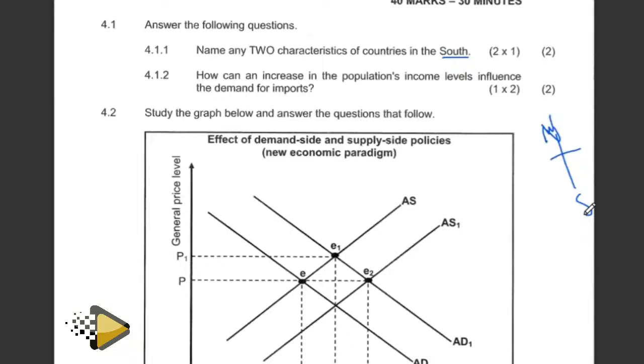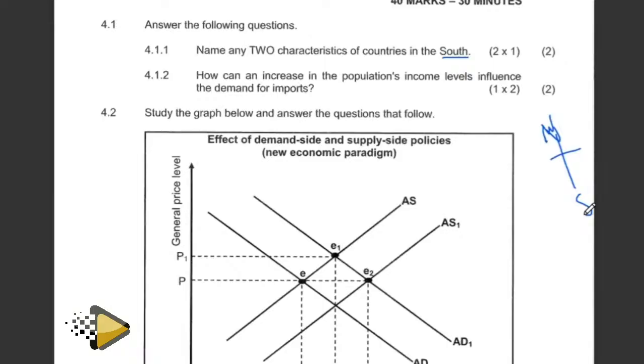There's also lower literacy level or literacy rate. Also, there is short life expectancy, and the likes. There's as well higher death rate, as well as higher birth rate. Okay, right. So now let's move on to 4.1.2.